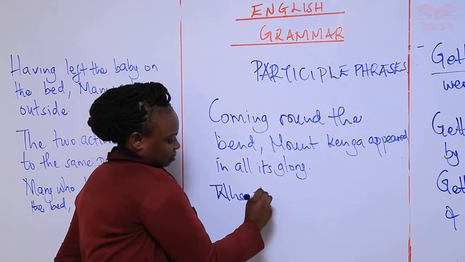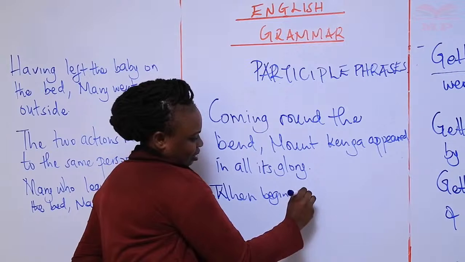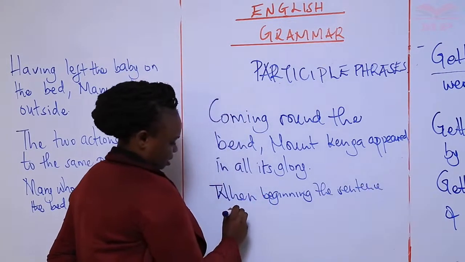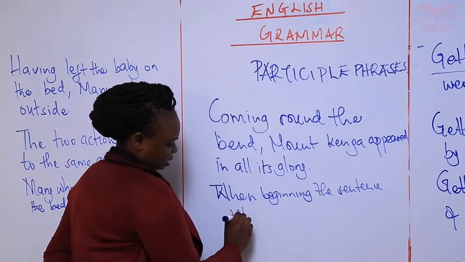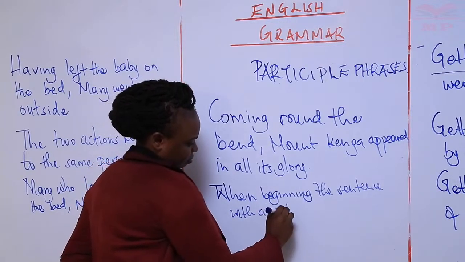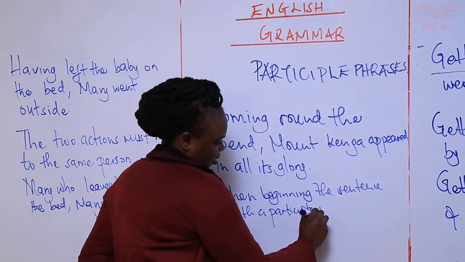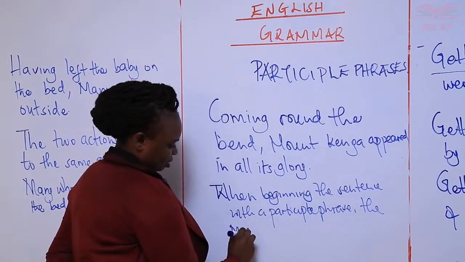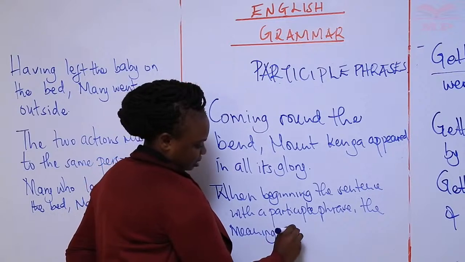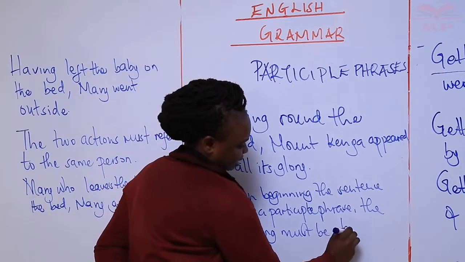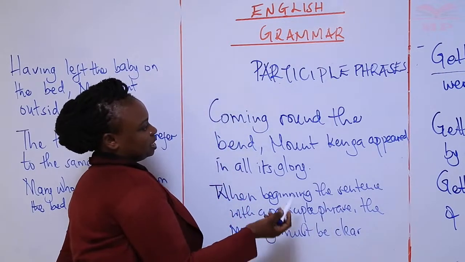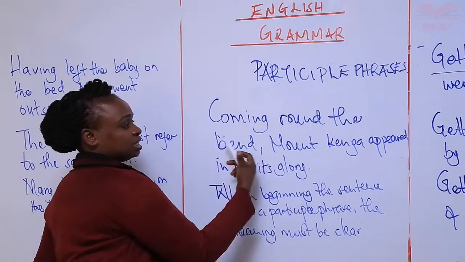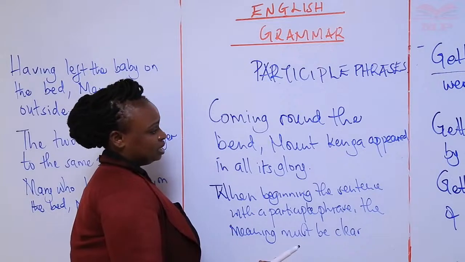when beginning the sentence with a participle phrase, the meaning must be clear, such that in this sentence, when you say "Coming round the bend, Mount Kenya appeared in all its glory," it means that it is Mount Kenya that came round the bend, which is something that can rarely happen.